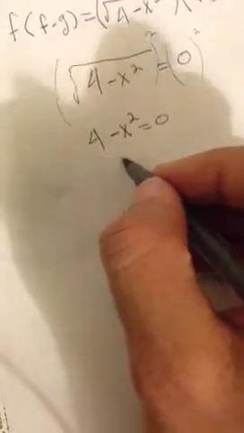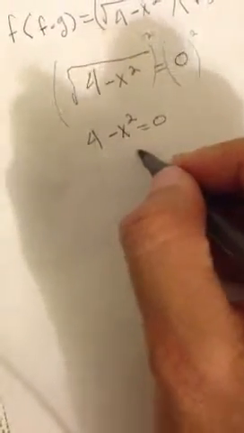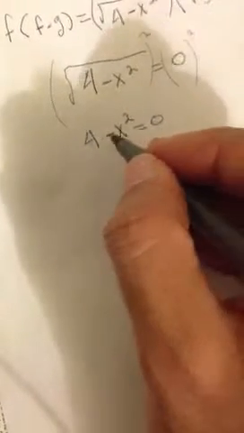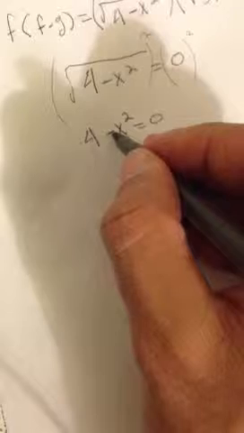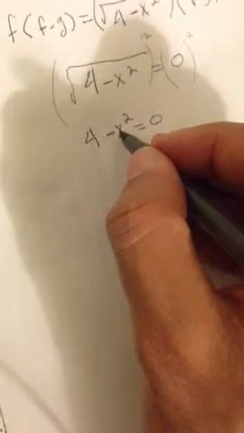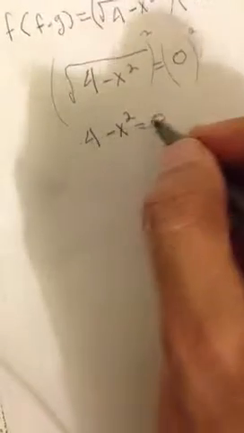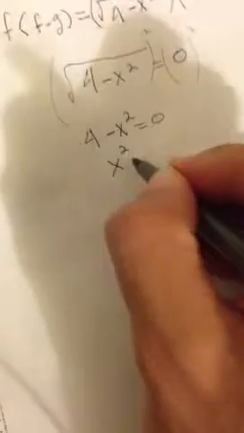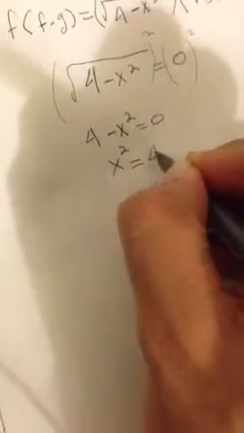If we move the 4 to the other side, that means negative 4. But because we have negative here, we change the x squared to positive and the 4 to positive also. So we're going to have x squared equal 4.